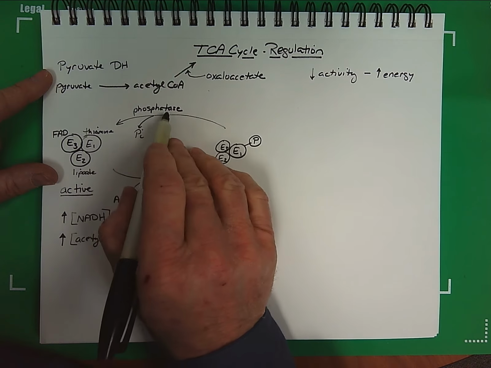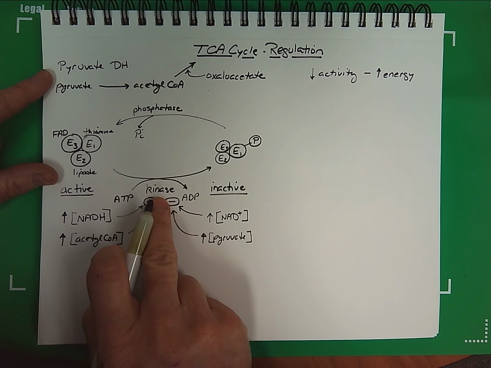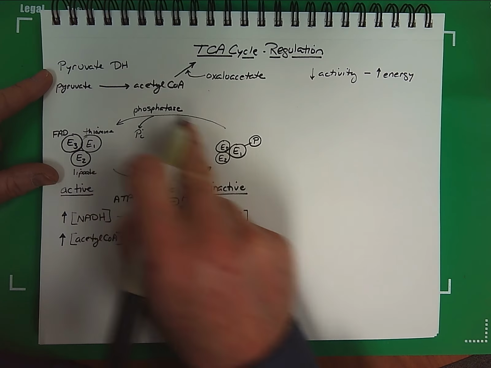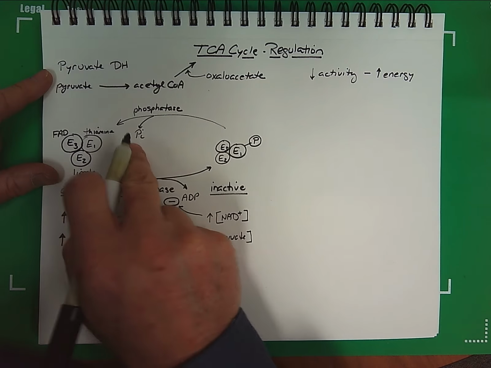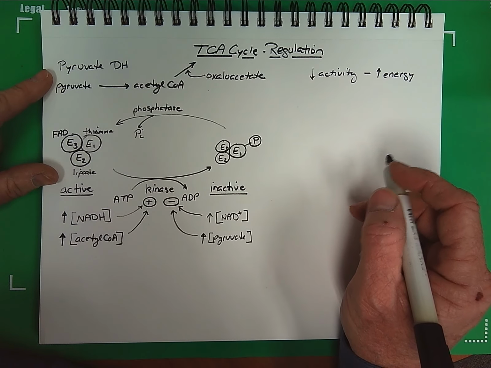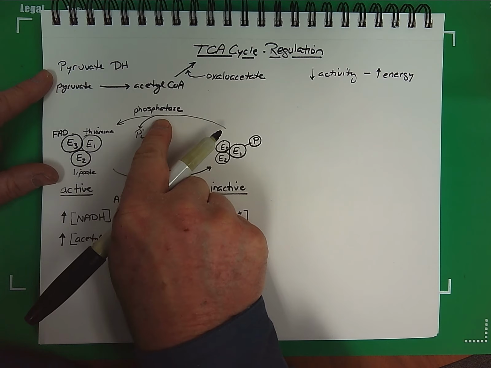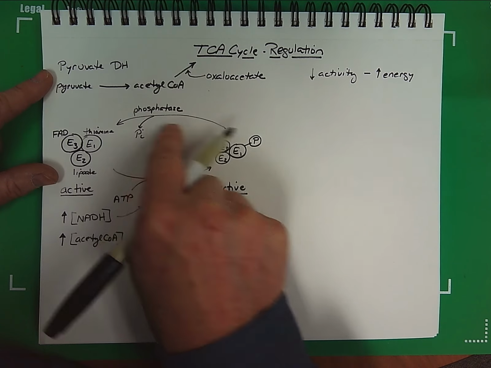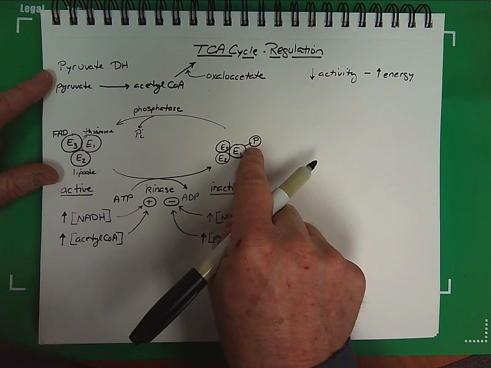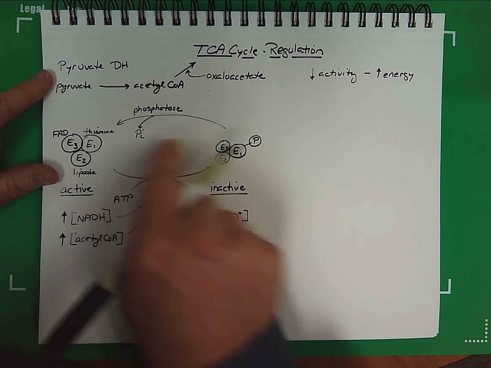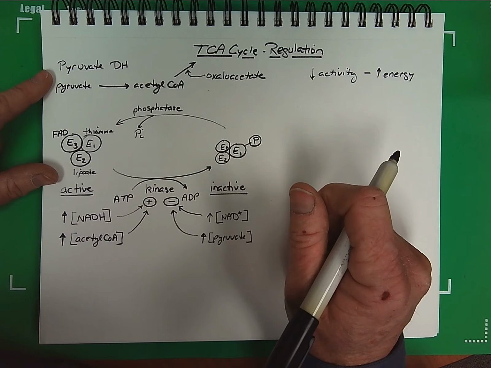So again, the phosphatase is a counterenzyme to the kinase. Kinases place phosphate groups on subunits. Phosphatases remove them as inorganic phosphate. Now, this enzyme has a basal activity level, so that whenever it sees a phosphate group, it's going to hydrolyze that phosphate off and reactivate the enzyme.